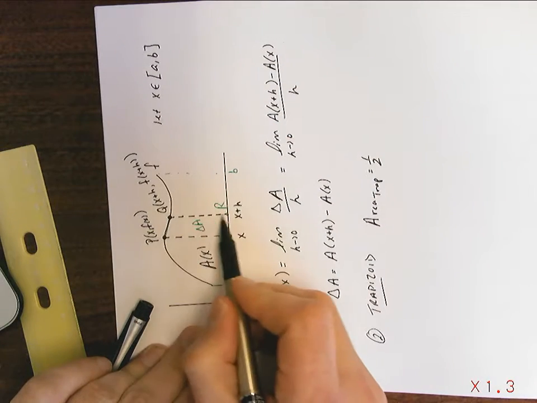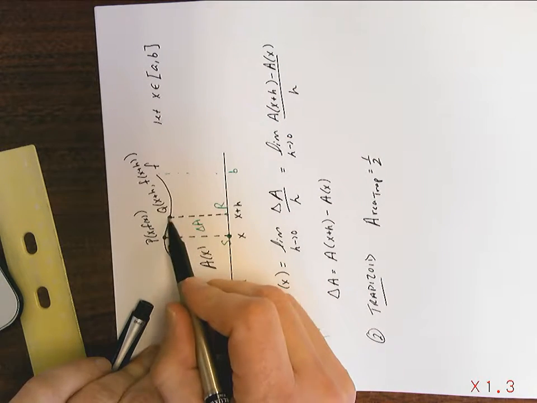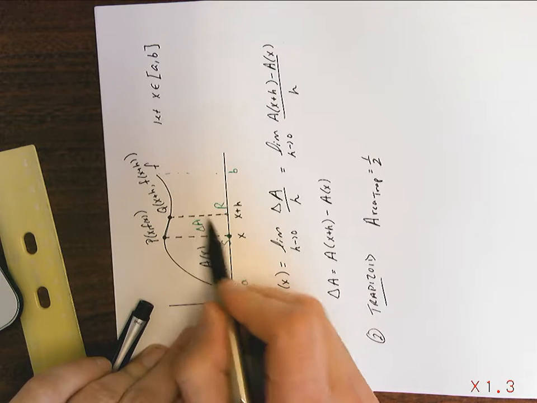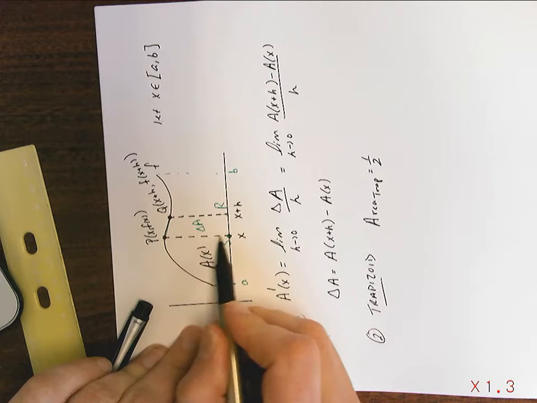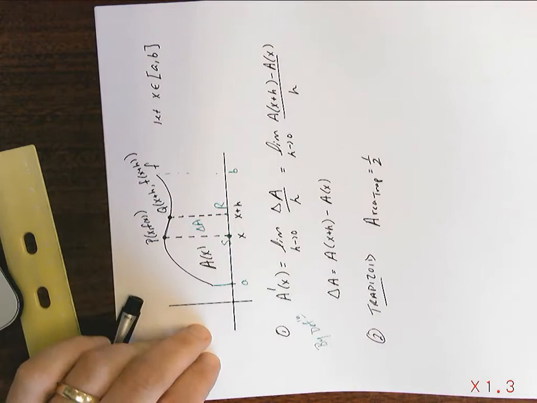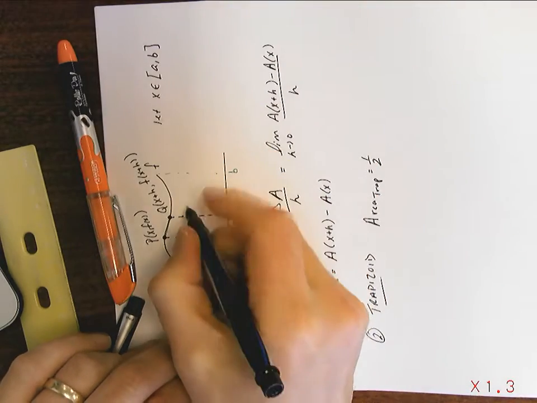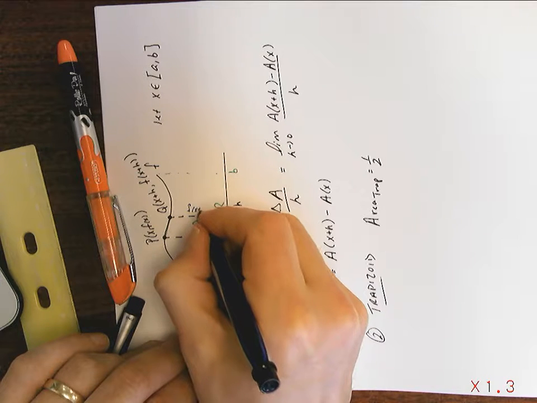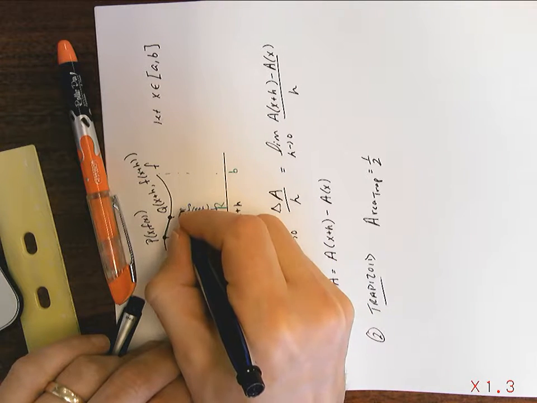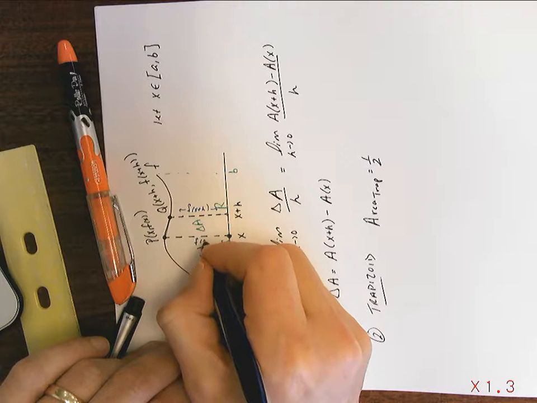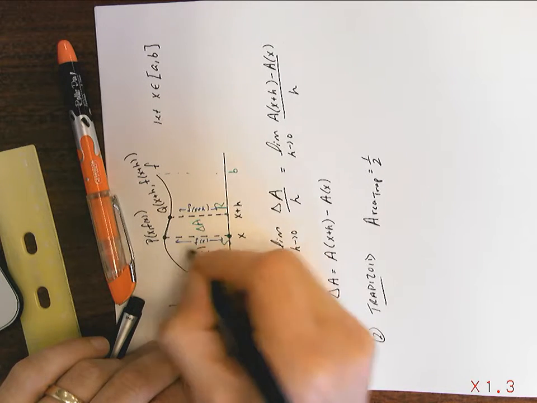So this side length will simply be how high it comes up to hit this, and this is going to be f of x plus h. And this side length is simply going to be f of x. I've got blue, I guess. So this length here is f of x plus h from there to there. And this length is f of x from there to there.